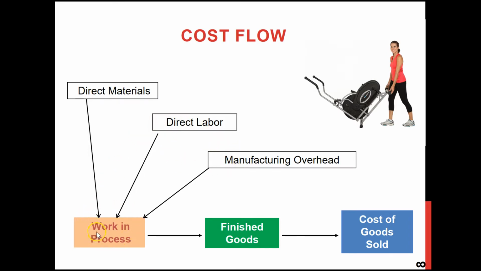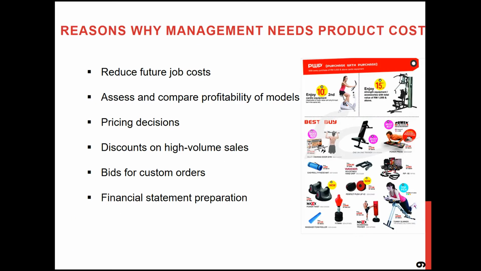All three together are involved, and then you produce your products. This is how you got your finished goods, and then you have to figure out how many goods you are selling, and based on those goods you will check what was the cost of those goods.